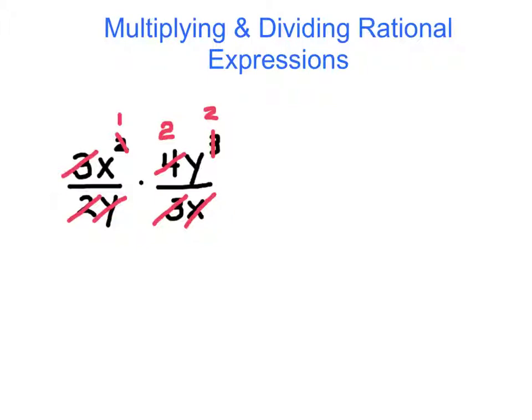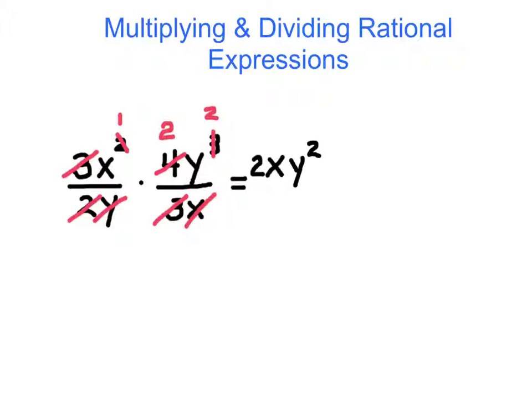Let's work out our answer. What we have left then is an x to the first, so we write that just as x. We also have a 2, and I can put that 2 right in front of the x as a coefficient. And then we have a y squared. So we end up in the numerator with 2xy squared.